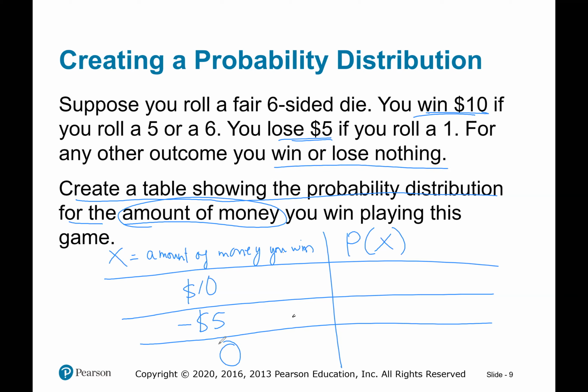Now let's talk about the probability of each case.